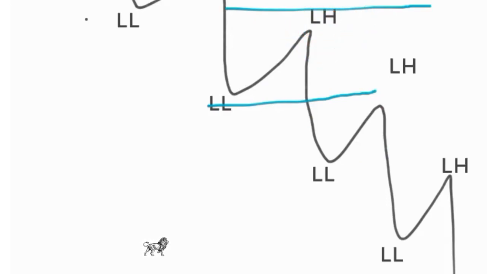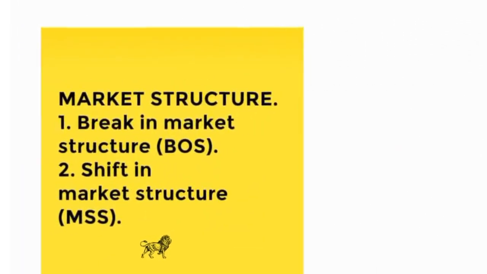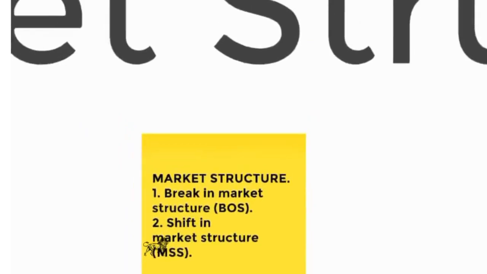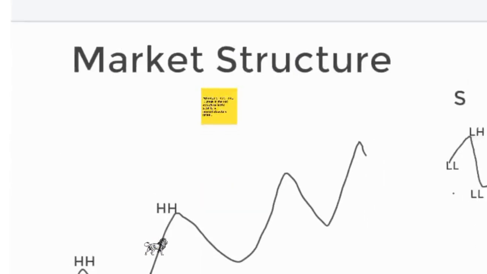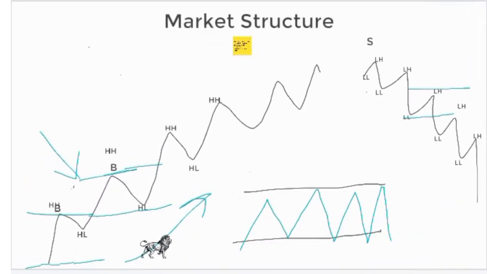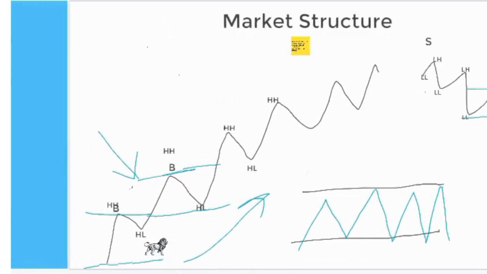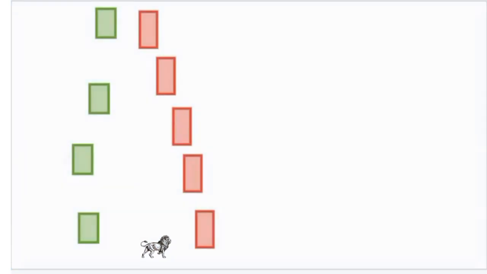So the other thing we want to talk about is the shift in market structure, which we also know as MSS. Okay, I'm going to open a new slide for that. Okay, we say shift in market structure.